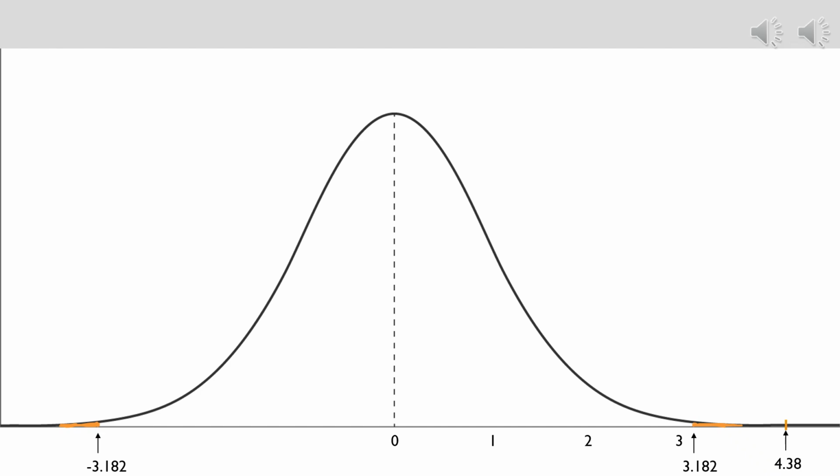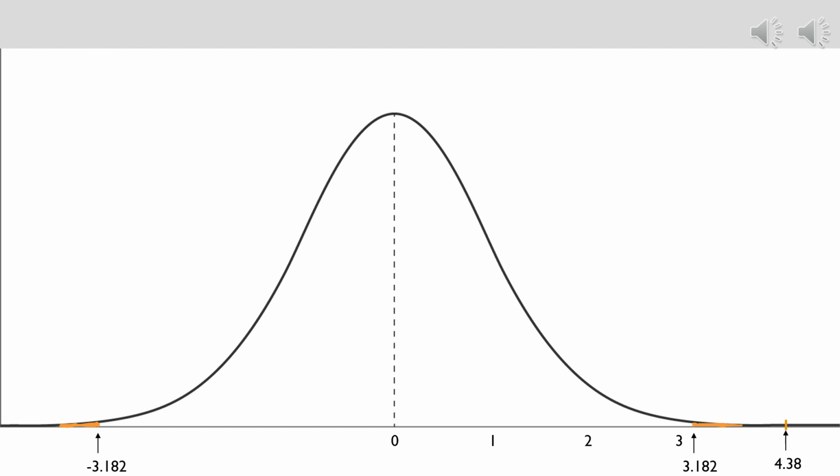Now in this case, it didn't change anything because we still calculated a t-score of 4.38. That corresponds to our R value, our correlation coefficient of 0.93. So we're still within the critical region, right? We're still above the critical value, more extreme than the critical value of 3.182.